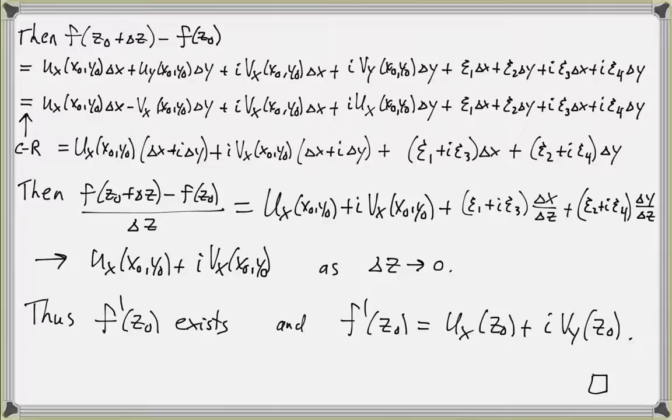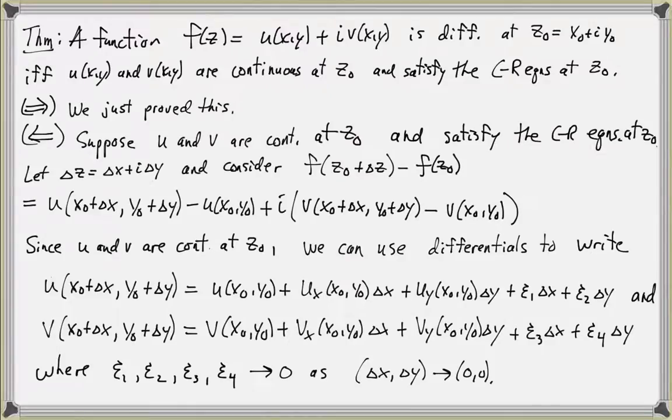This establishes the sufficient conditions for differentiability at a point. So we see that a function is differentiable at z0 if and only if its component functions are continuous at z0 and they satisfy the Cauchy-Riemann equations at z0.